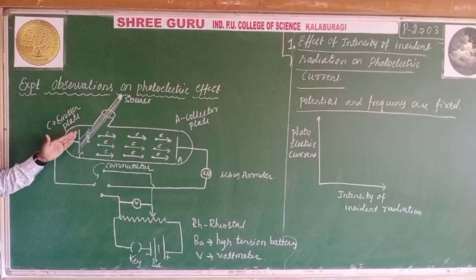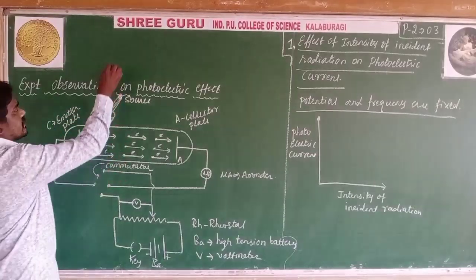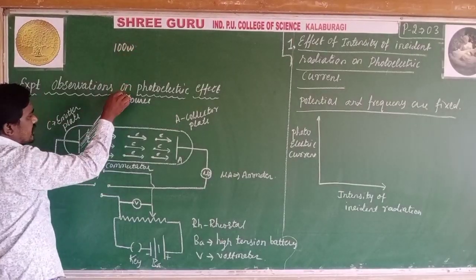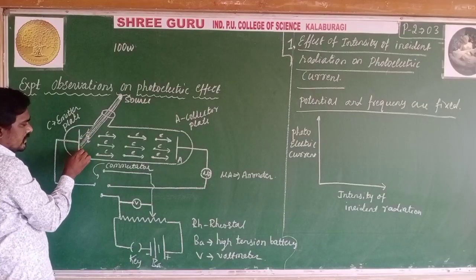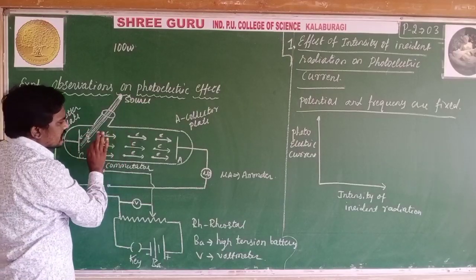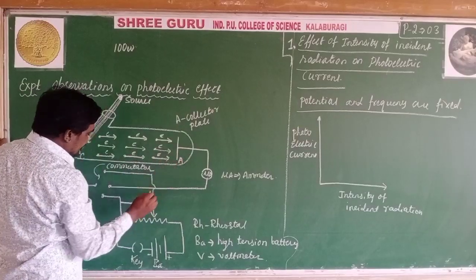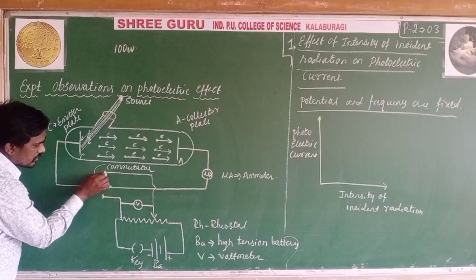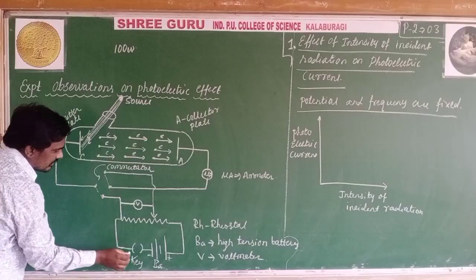When the intensity of light is incident, let us consider 100 watt. Initially, 100 watt of intensity is incident on the cathode plate. Some amount of electrons are emitted from the cathode, and the collector plate is connected to the positive terminal of the battery and the other to the negative terminal.